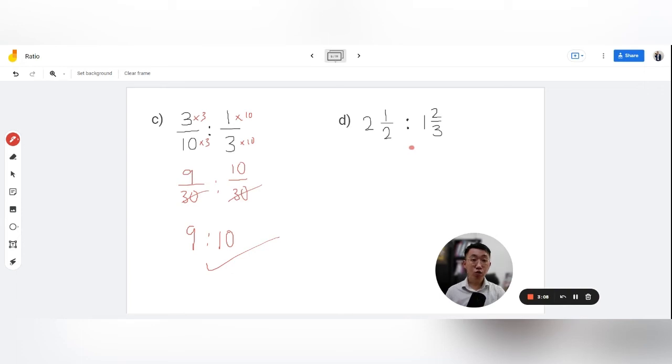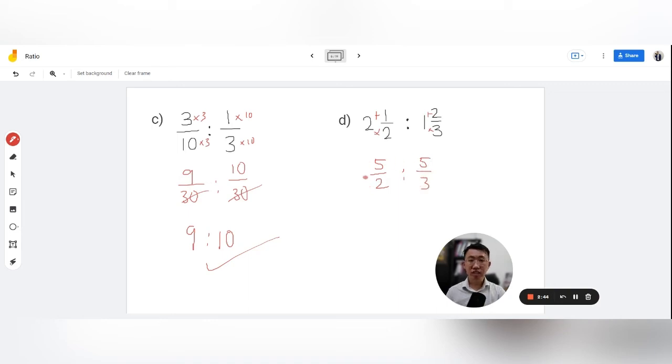Alright, now how to do mixed number kind of question. Here you need to change it into improper. So teacher is going to do that. Times the bottom, 2 times 2, 4 plus 1 on top, that will get you 5 over 2, ratio to. Now here, 1 times 3, get you 3 plus 2 will get you 5 over 3.